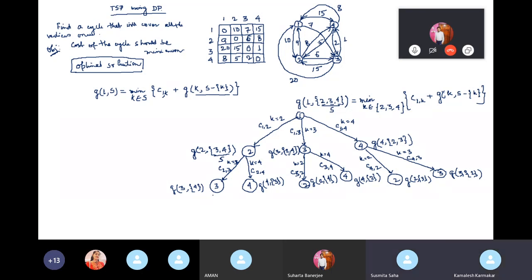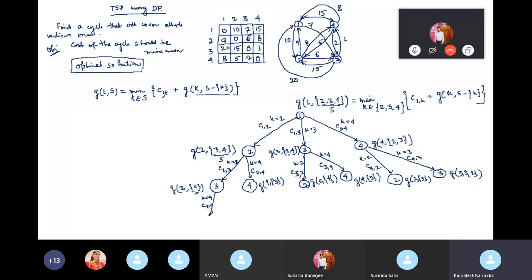Okay, now try to expand it again. So what will be the next vertex? Now we have only one vertex, 4, which can be visited at this moment. So here k equals 4, and the cost of this edge is 3, 4.